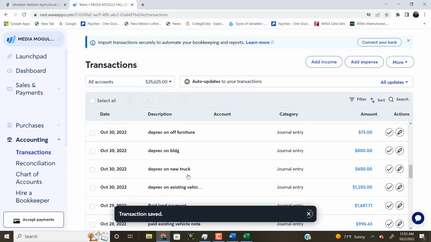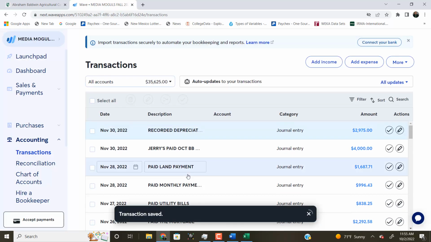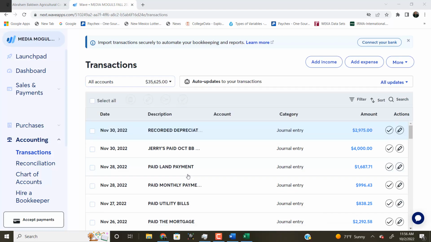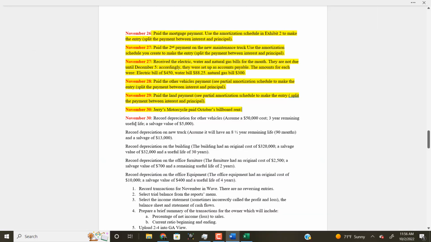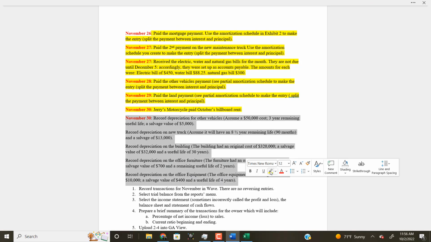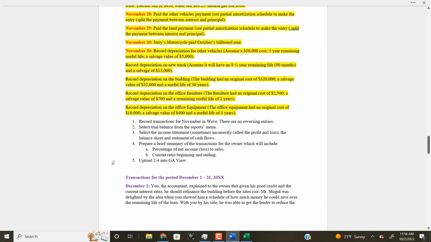All right, so that's the last of the entries that I recall. Since I did them all, I'm just going to highlight them all. The only ones I'm really interested in are the trial balance and the profit and loss.